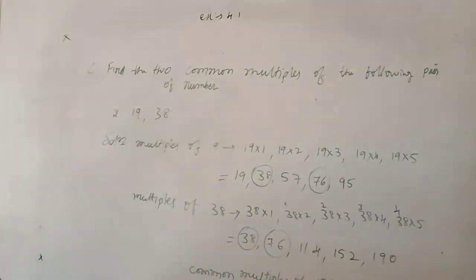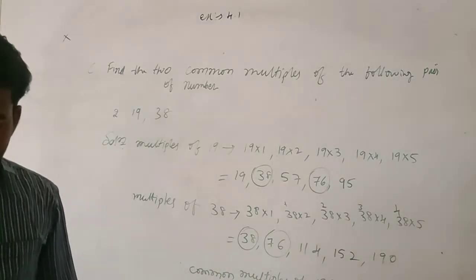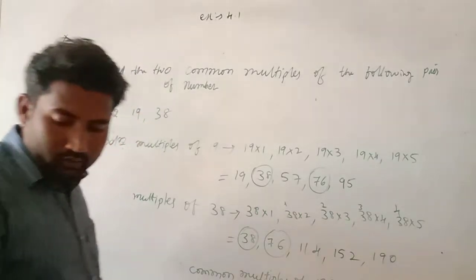Next, circle even numbers and underline the odd numbers. Here some numbers are given.